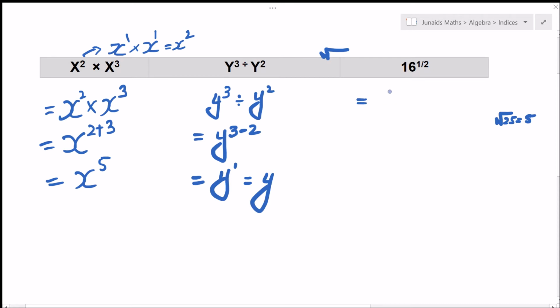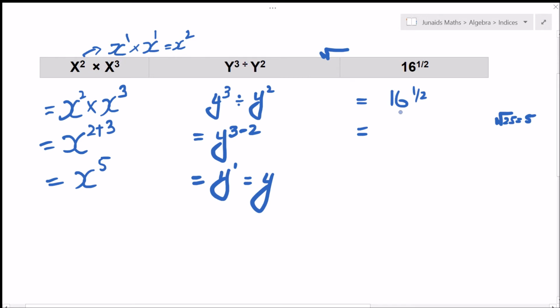So when you have 16 to the power half, how do we actually do that? We find actually a number which can give us power of 2.